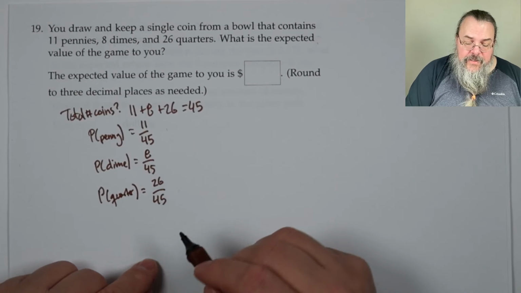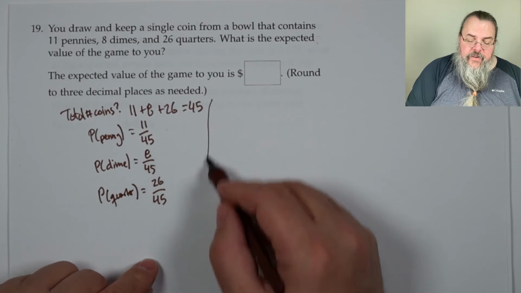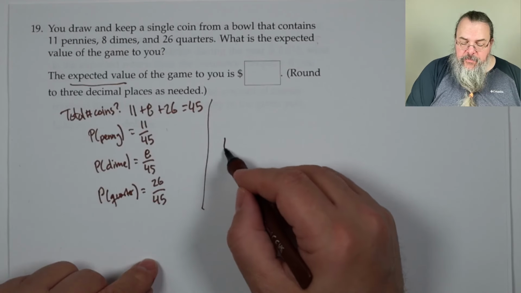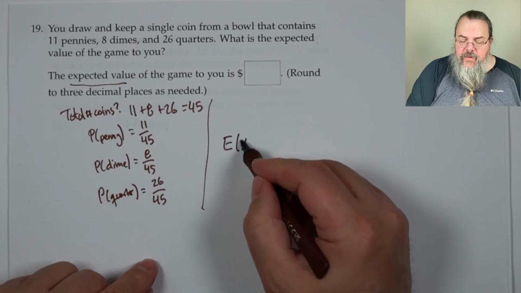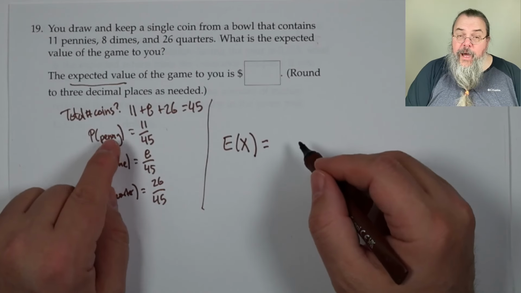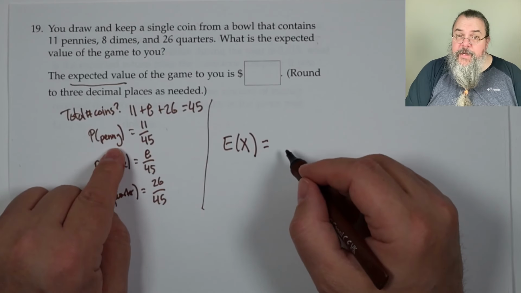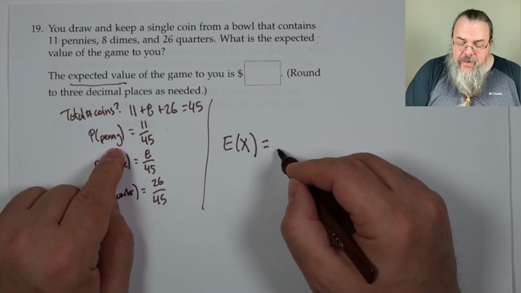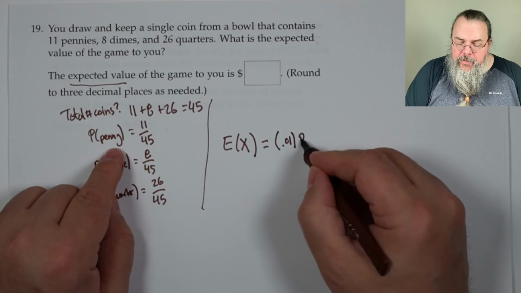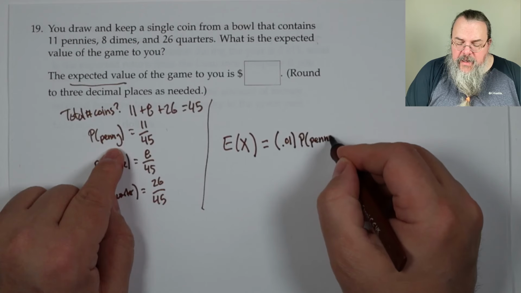Now, here's the thing. What is this testing on us? Well, it's expected value. So we say, well, the expected value, and we tend to use x, is how much you get times the probability of what you picked. So for a penny, it's 0.01 times the probability that we pick a penny, right?